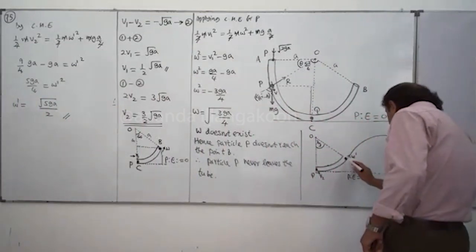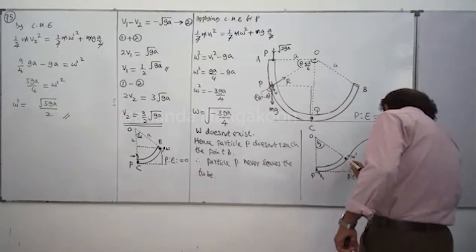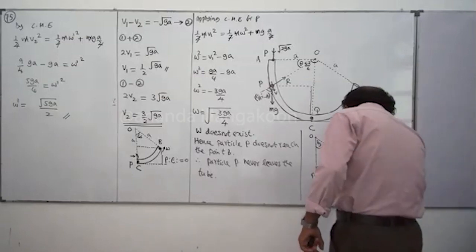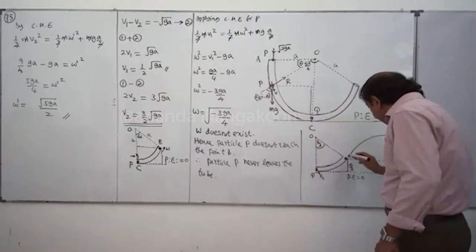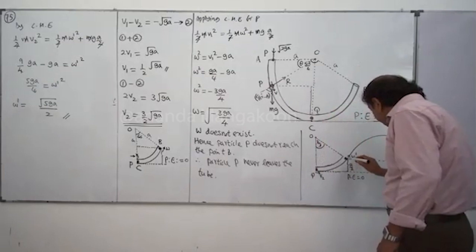This is the level of projection, and this is a by 2. In this case, the W dash velocity is along the tangent.